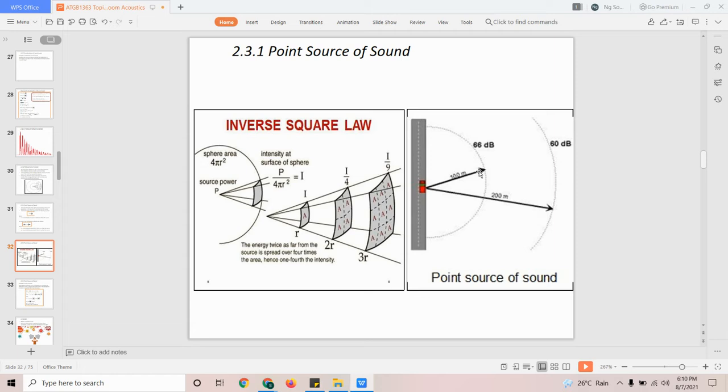From a pin drop, where the value is very small, to the sound of an airplane, where the value is very, very big. To make sense of all these big and small values, this is where logarithm comes into play for the measurement of sound.